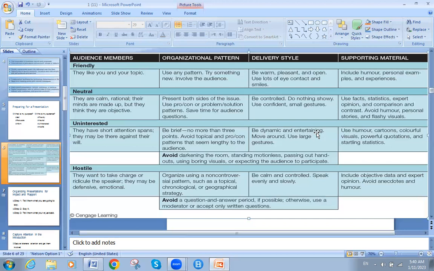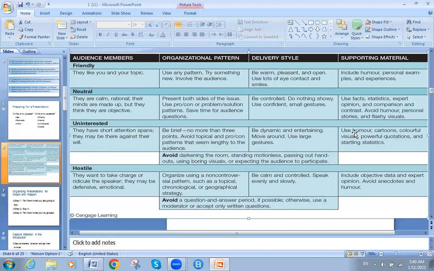But when you change your tone of speech, ups and downs, stress on some points, intonation on some other points, in that case people will be listening to you, or at least you will have more focused people. Use large gestures.